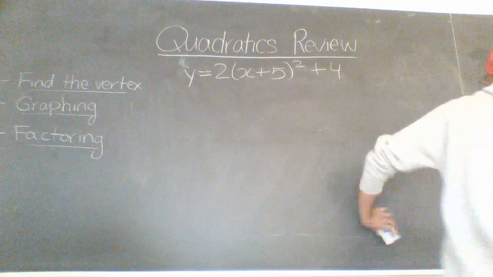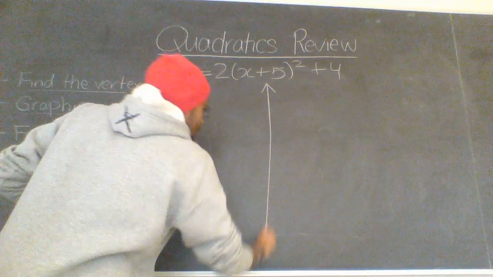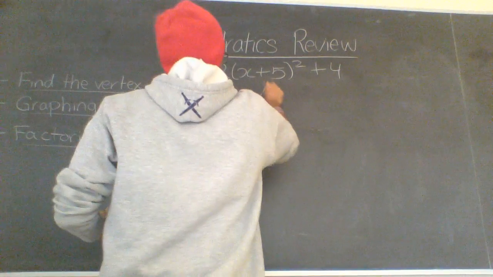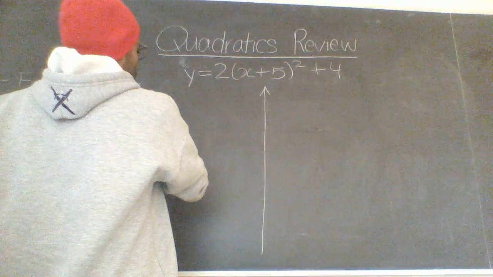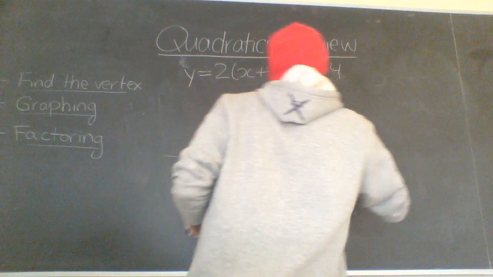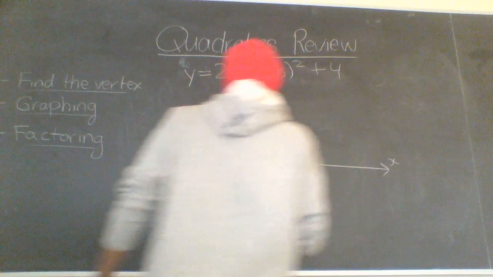And now what we want to do is draw our Cartesian plane. Hopefully for your exam you will have a Cartesian plane already drawn. Also remember you can bring a calculator to your final exam, okay? So you don't have to worry about doing this math by hand. So we've got a y up there, we've got an x over there.